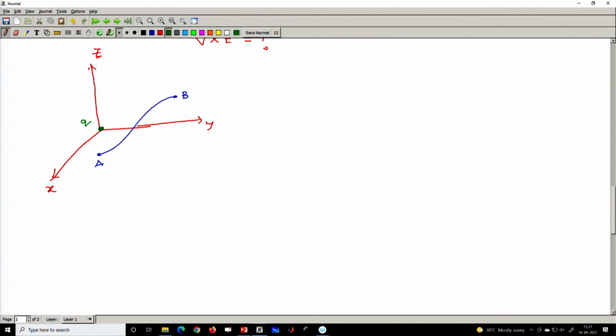My goal here is to calculate the line integral. Simply I want to calculate from A to B, the vector field E, calculated over the line. So eventually I calculate the line integral.